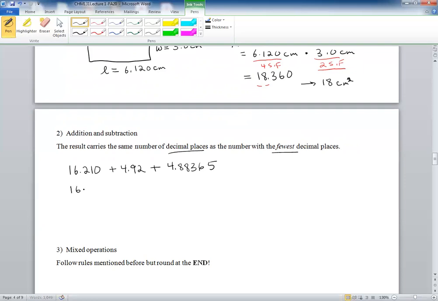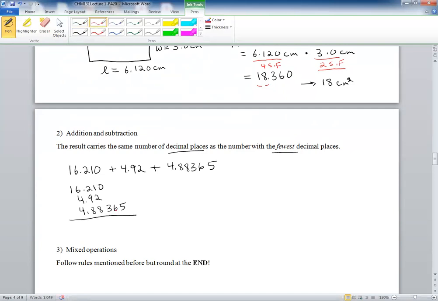So I'm going to take the 16.210. I'm going to line up the decimal points. Take the 4.92. Notice how I lined up the decimal points, and then I'm going to take the third number, 4.88365. So the rule says that you go with the least.